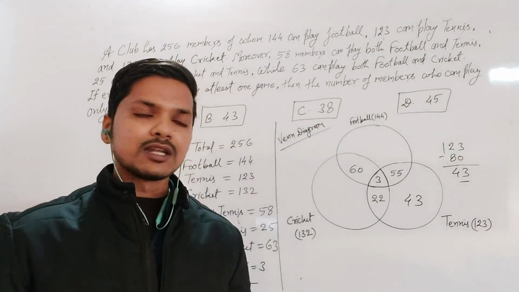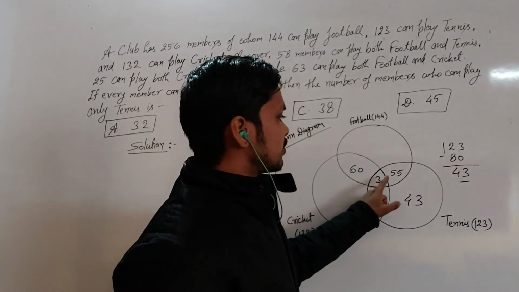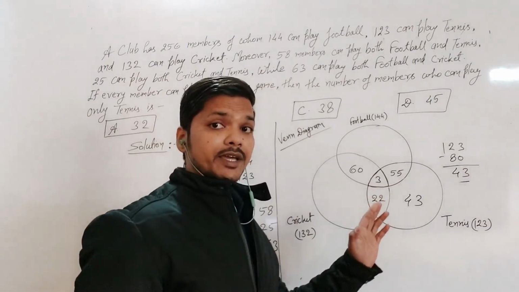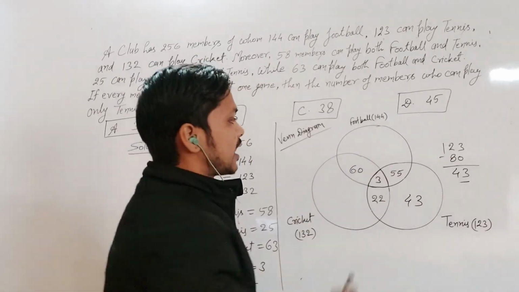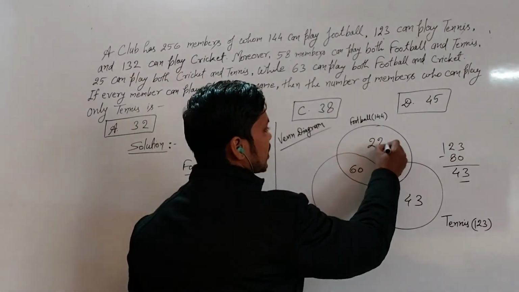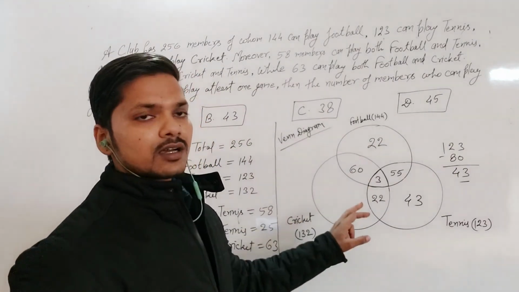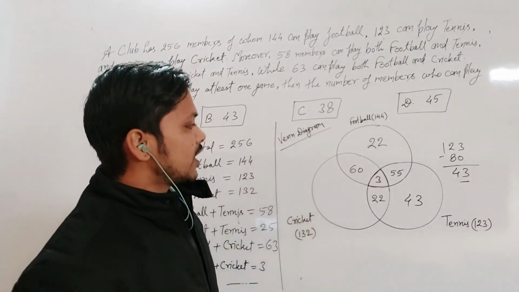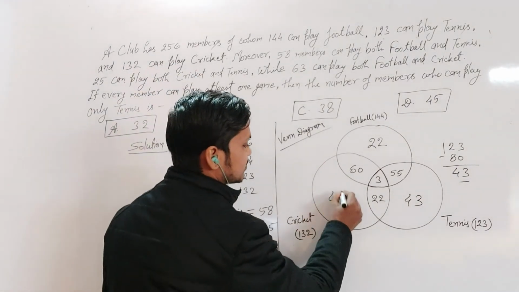Same as we can also calculate for football and for cricket. 60 plus 3 plus 55 will be 118, and when we reduce 118 from 144, then the answer will come here as 22, and here the sum of 22 plus 3 plus 60. So the sum will be here 85, and when we reduce 85 from 132, so the answer will come here, that is 47.